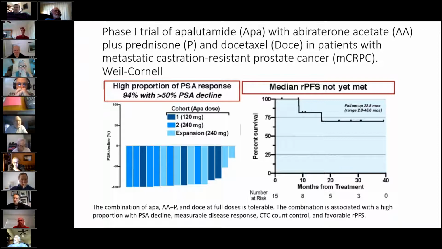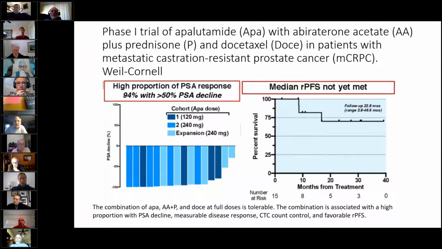This is the beginning of their phase 1 trial, and they're really clobbering people with everything: abiraterone, apalutamide, and Taxol. But their initial results, if you look at the waterfall plot, show quite a few have a big drop in PSA.